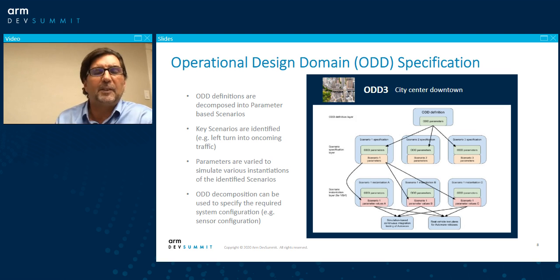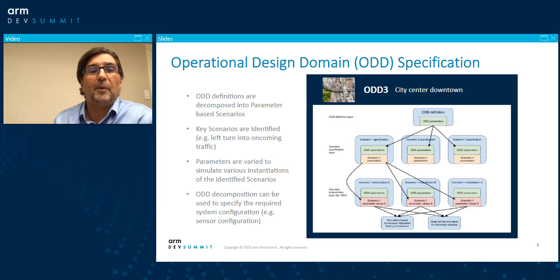They will become the basis of the simulations that we do in validating the autonomous vehicle application software, but they also help us to identify in many instances the critical system configuration decisions around sensors that we have to make in order to address those scenarios safely.